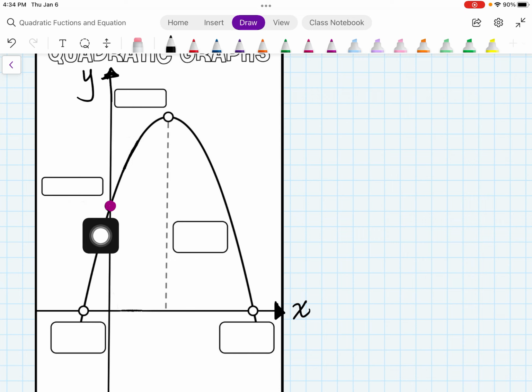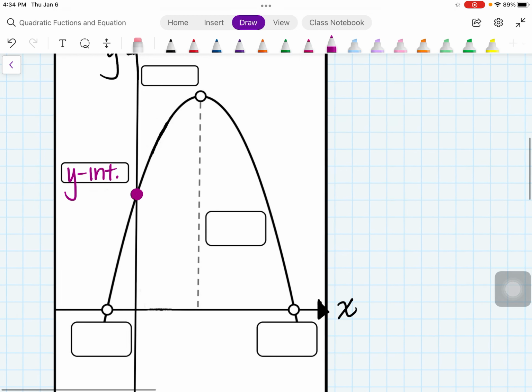So this is y. All right, so the first point I want to identify is this point here. The point that crosses the y-axis is known as our y-intercept. So this is the y-intercept, and I'll abbreviate and write INT. And most of the time, whenever we're looking at quadratic graphs, the y-intercept represents our starting point.